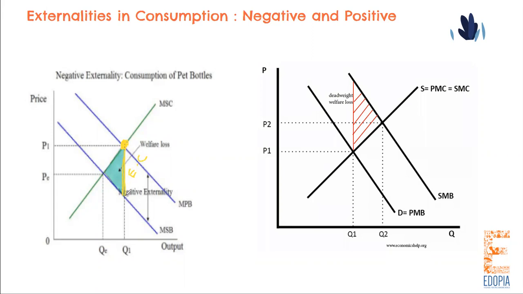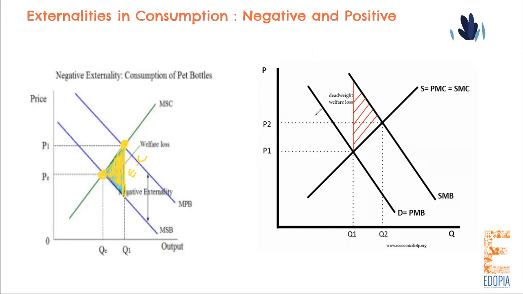If we would have considered it, then this would have been our socially optimal curve, and this point of equilibrium would have been the socially efficient equilibrium, where Qe and Pe are the marginal social benefit or optimal equilibrium point. So this entire area becomes our deadweight loss.